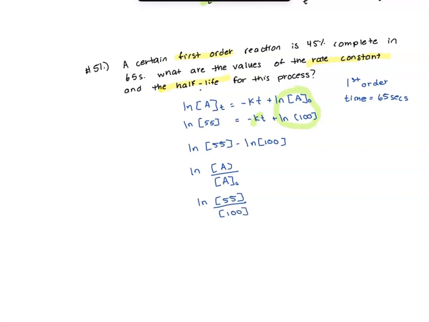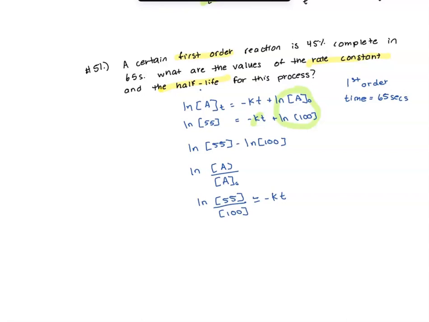Okay. Now we got this from the integrated rate law problem, right? So we do know the time. So this is good. Now, in order to isolate, if I put equals negative k times time, we know our time.